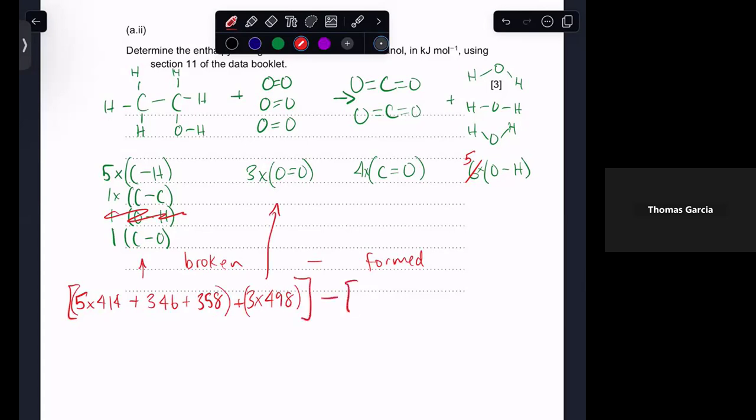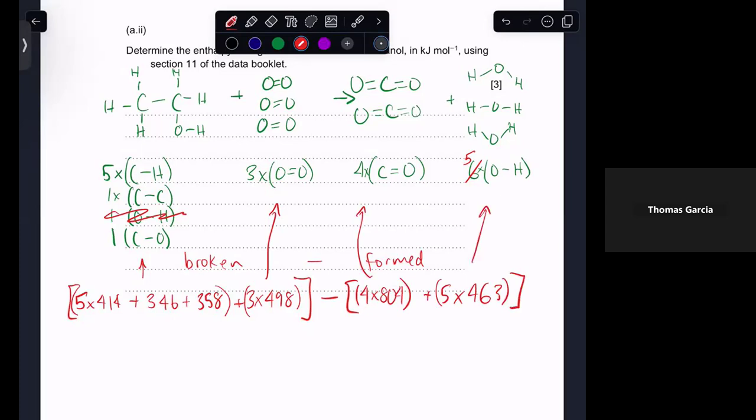And I'm going to subtract that all from 4 times 804. That's my carbon dioxide. Plus 5 times, oops, OH is 463.